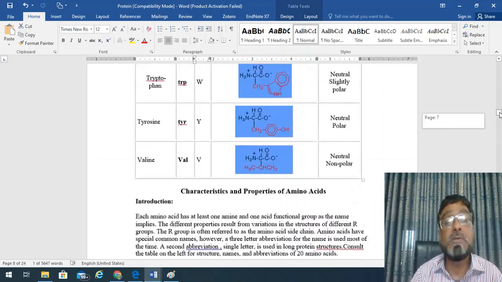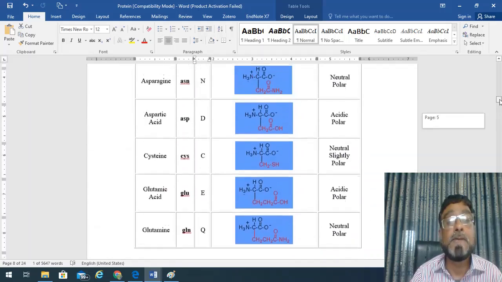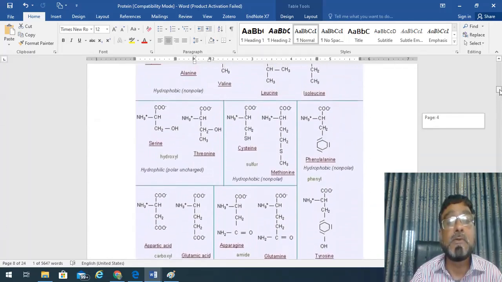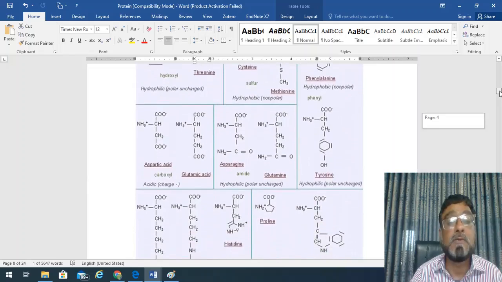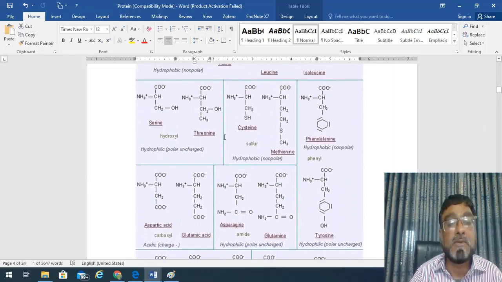So look at this structure. We have this one, this is polar. Serine is also polar. Here the polarity is due to the OH. Here the polarity is due to the COO, right? So both are the polar type of molecules, amino acids.